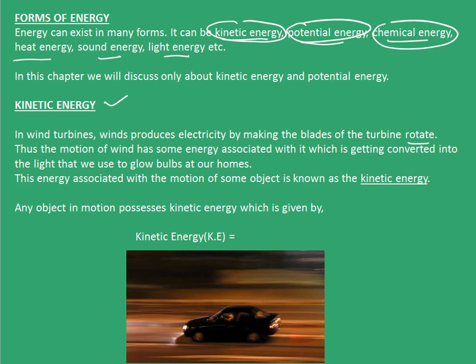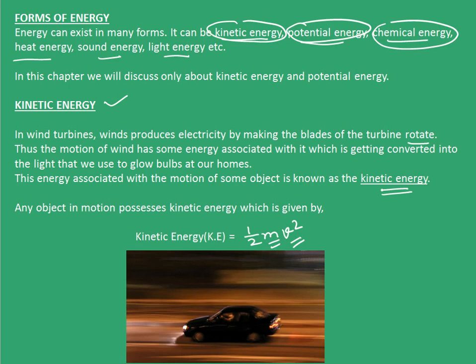This energy associated with the motion of some object is known as kinetic energy. Any object in motion possesses kinetic energy, which is given by the formula KE equals half mv square, where m is the mass of the object and v is the velocity of the object.